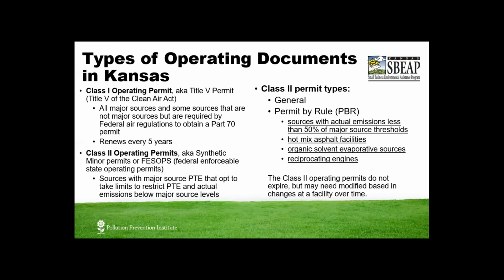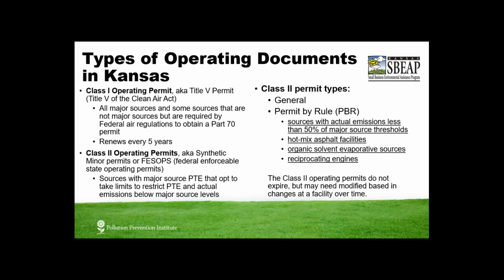This permit contains all of the applicable emission limits, monitoring, performance testing, record keeping, and reporting requirements the facility must follow, and has a renewal period of every 5 years, unless a modification of the facility's operations has occurred, which would result in the need to modify the operating permit sooner than 5 years.